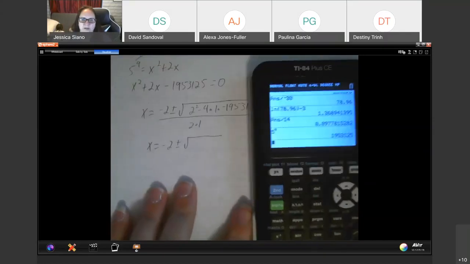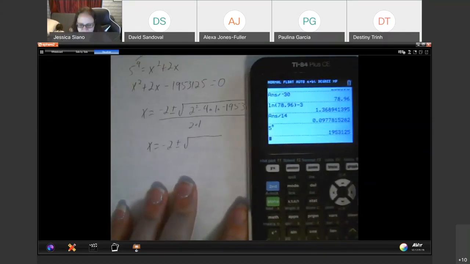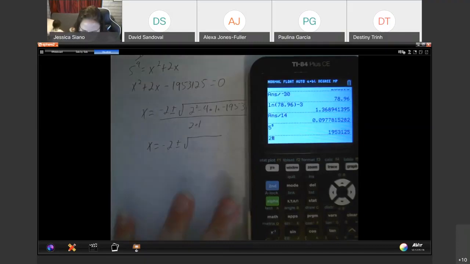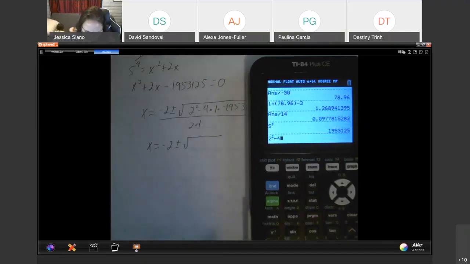That's 2 squared minus 4 times 1 times a negative 1953125.